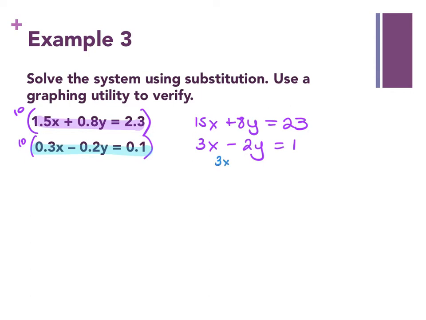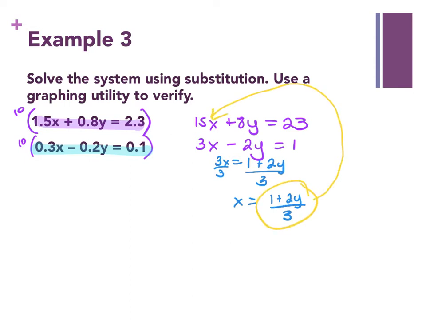So we're going to do 3x equals 1 plus 2y, and then divide everything by 3, and I get x equals, I can keep it as 1 plus 2y over 3, or I can make that 1/3 plus 2/3 y. Doesn't matter. Now I'm going to take that, and I'm going to plug it into the other equation, so the first one, in the place of its x. So 15 times 1 plus 2y over 3 plus 8y equals 23.